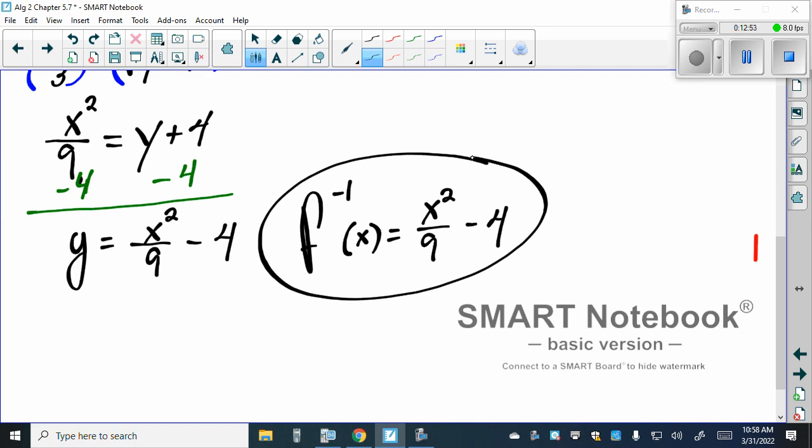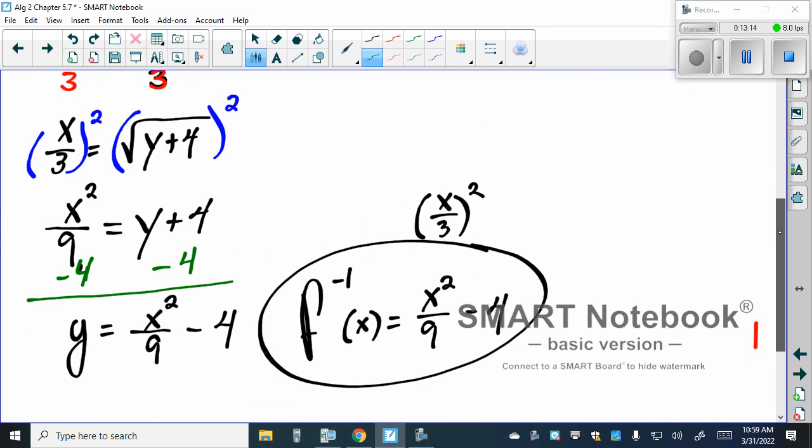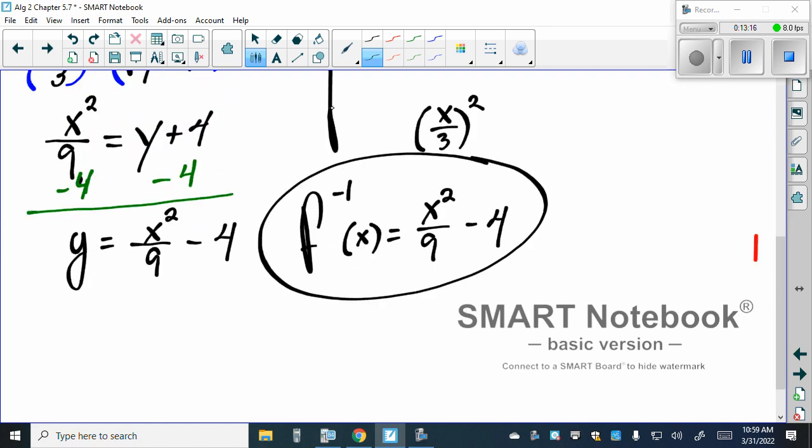Now what's interesting with inverses is we're doing the exact opposite of what we did to the original function, because we're going backwards to get back to where we started, yes? So here, we can think of this as x over 3 squared. You don't have to write that down. But if we look at the original function, f of x is equal to 3 times the square root of x plus 4, yes?